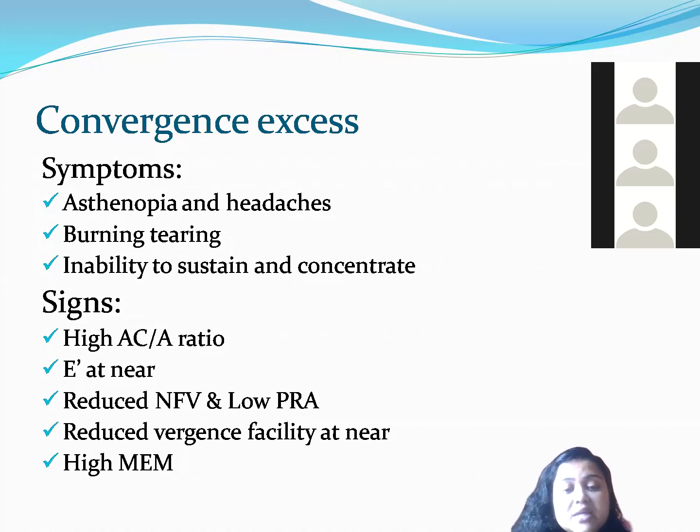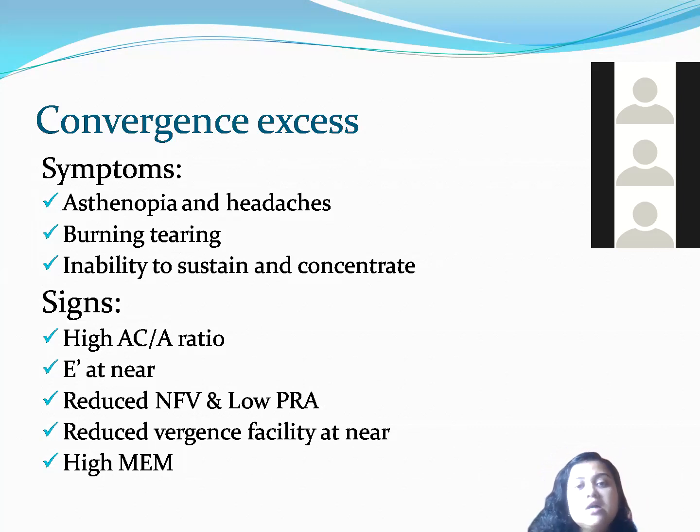So what is happening in case of positive relative accommodation? We are putting in minus lenses binocularly, right? So it is actually stimulating your accommodation. When you put minus lenses in front of your eyes, your eyes are forced to stimulate the accommodation.